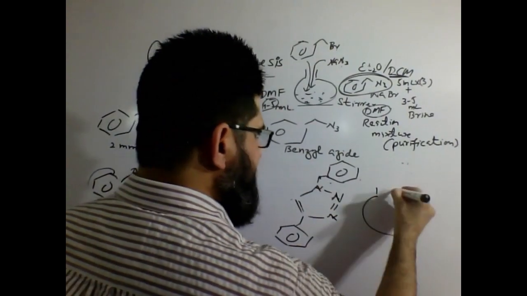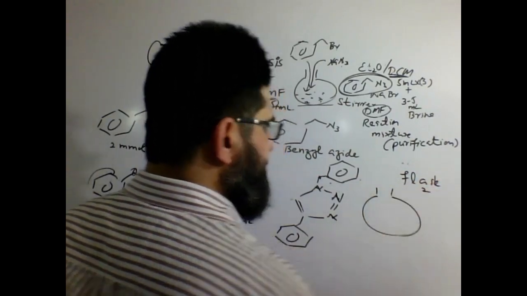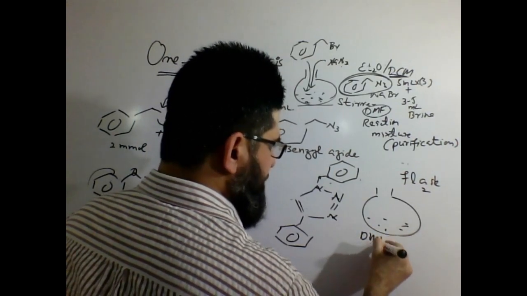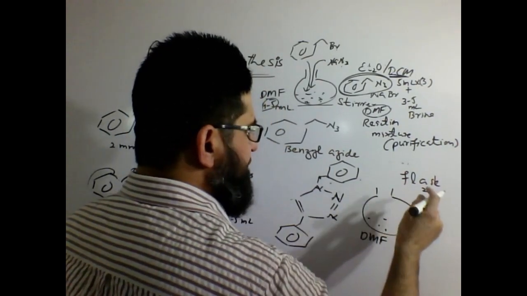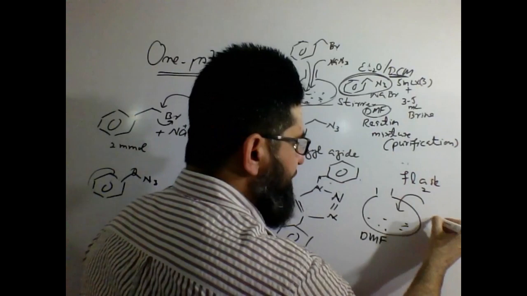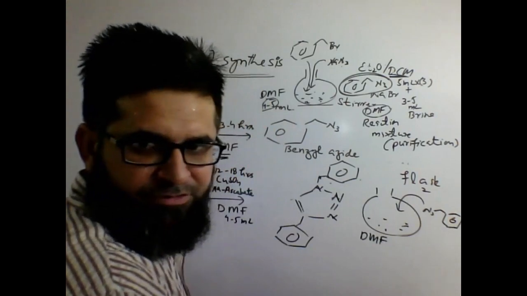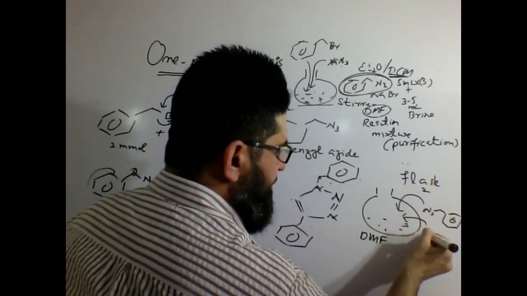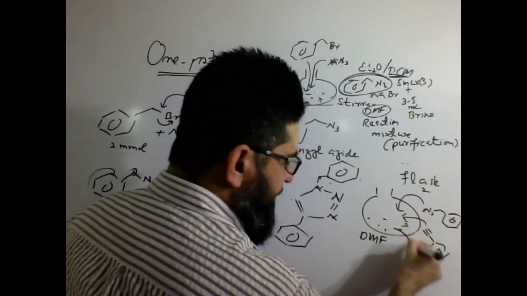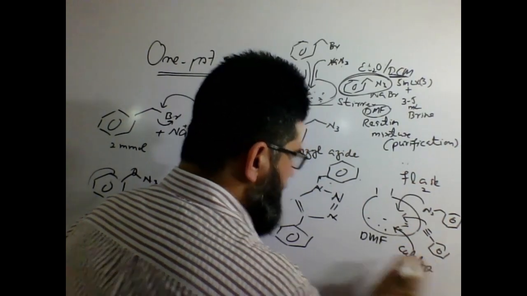So let me explain it in a real fashion again. We have a flask, flask number 2. We took DMF as a solvent, and then, as I've told you in the beginning, we put in azide first, then we put in an acetylene, then we put in the catalyst which is copper sulfate along with sodium ascorbate.